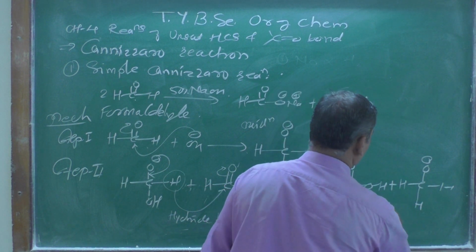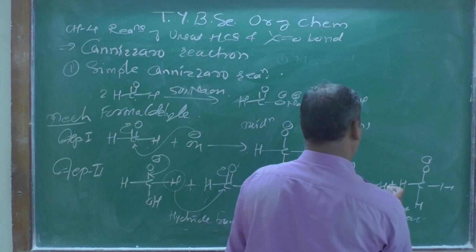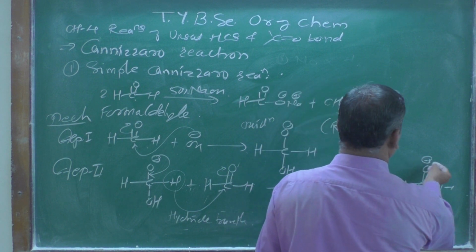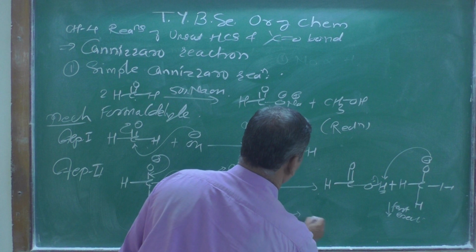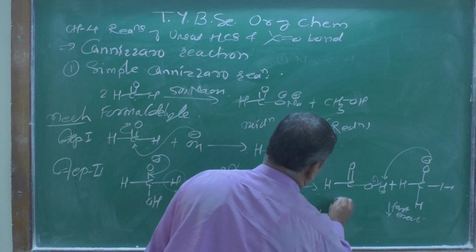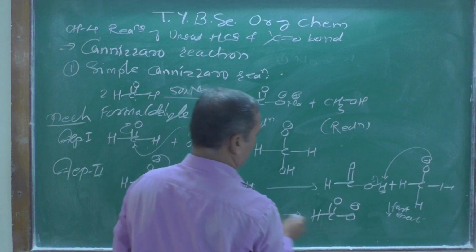And there is a fast exchange of proton. This proton is highly acidic in nature, and therefore this will pick up the proton from here, and you are going to get the product, this one H, C=O, O minus, and that sodium is already present over there.